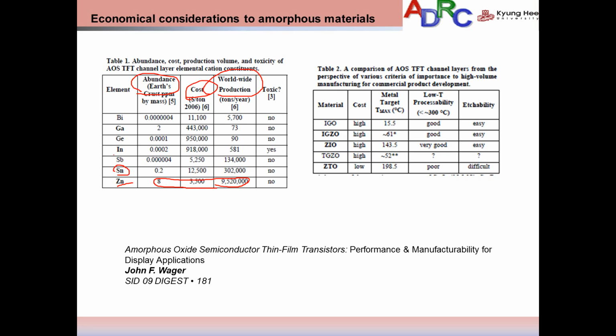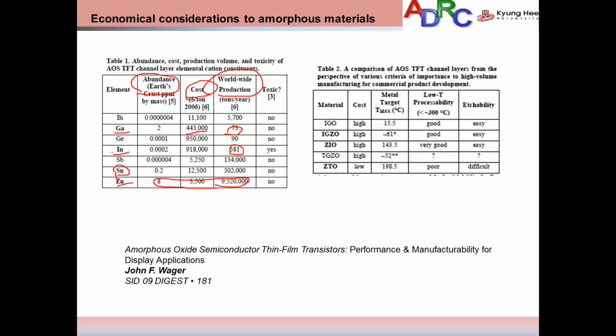But if we have a look at indium, or for example even gallium, they are very expensive, and also their production is very low. So any material which involves indium or gallium would be somehow very expensive. So that's why some people, instead of trying to study indium gallium zinc oxide, would study zinc tin oxide.